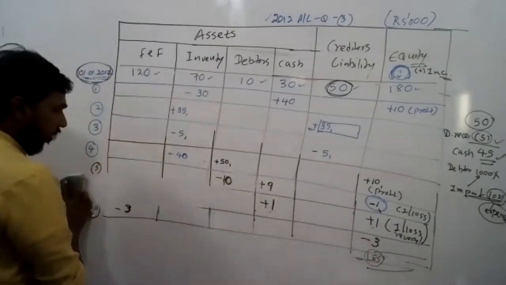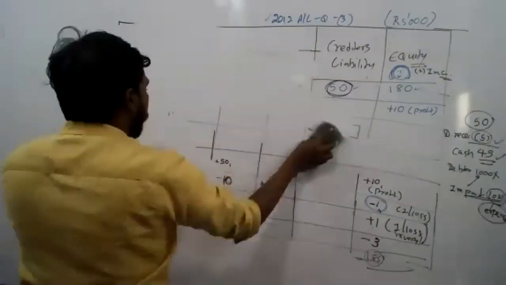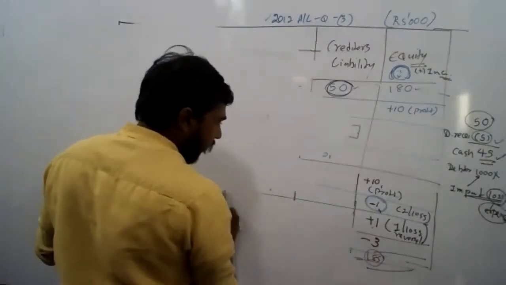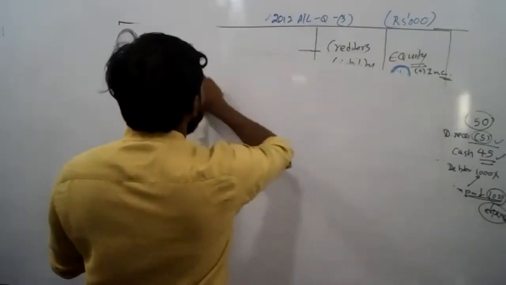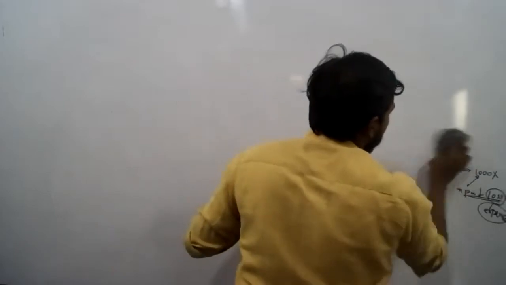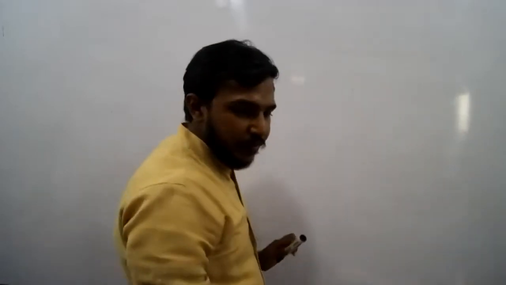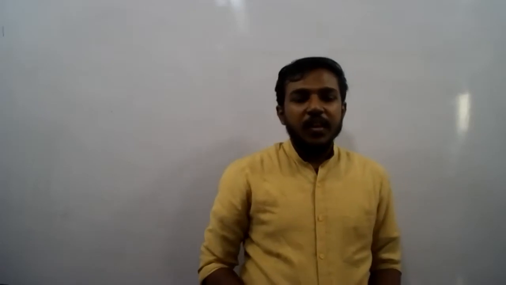I will erase this. And see, there is another part. What it says is the second part: using net assets basis, calculate the profit or loss.